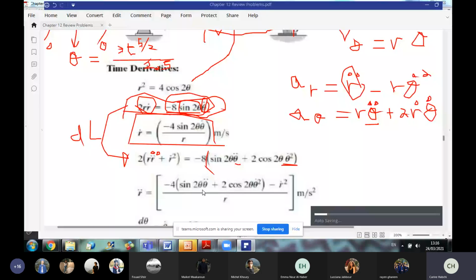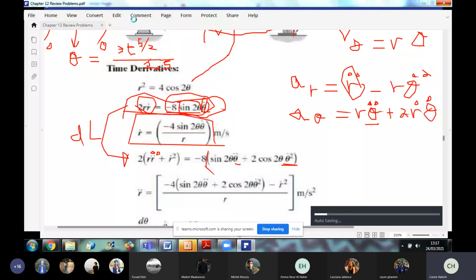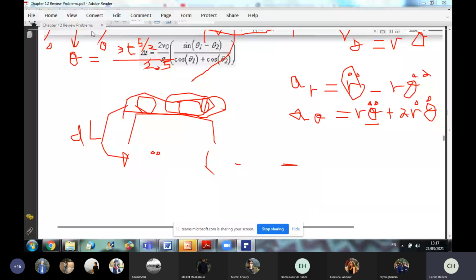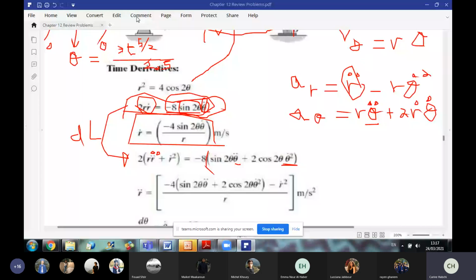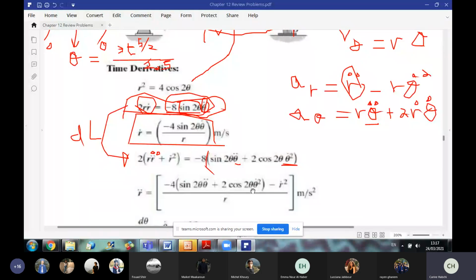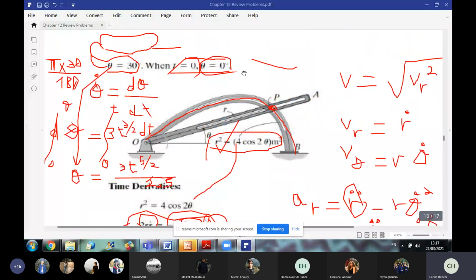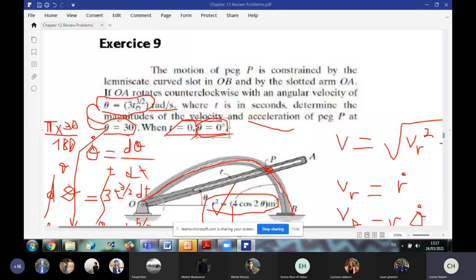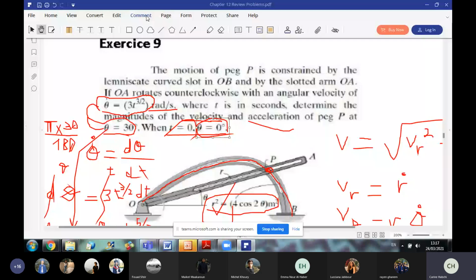To get theta dot dot, you should derive theta dot with respect to time. We have here the expression of theta dot with respect to time. It is given. So here, if we go back to the given, we have the expression of theta dot function of time. Theta dot is 3t to the power 3 over 2. From this relation, we can get theta dot dot by deriving this relation directly with respect to time.